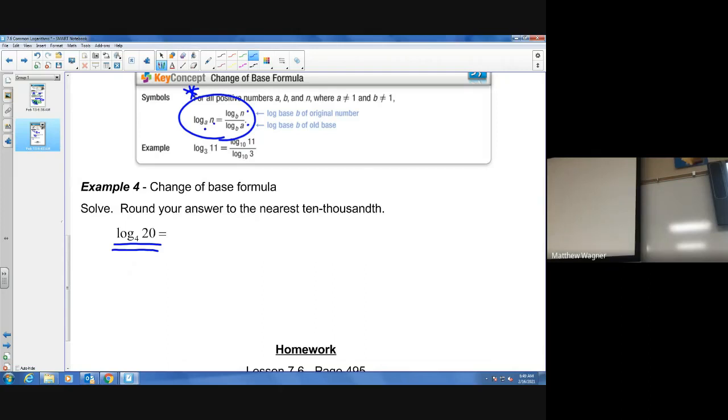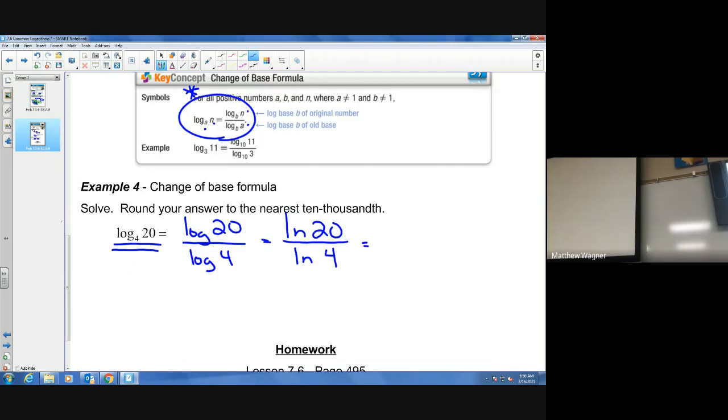All right, the two ways we can do this. I can use log base 10. Remember, what we're logging goes on top. Log of the old base goes on the bottom. Or I can use natural logarithm. All right. I want you to type both of these into your calculator and show that they are indeed the exact same answer.